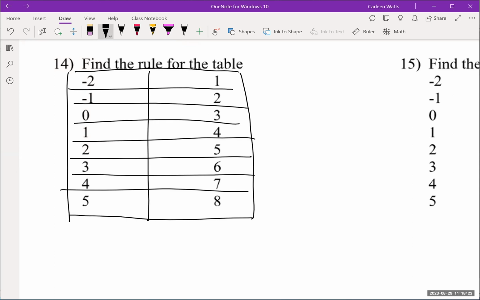We can either do this just like the previous ones, or I have so much information, maybe I could just get. So this is a line. So we're going to go y equals mx plus b.